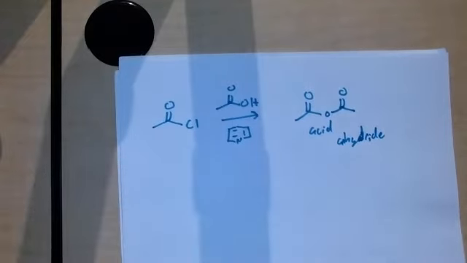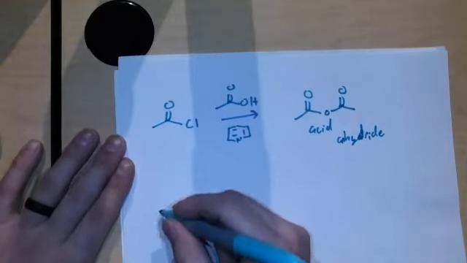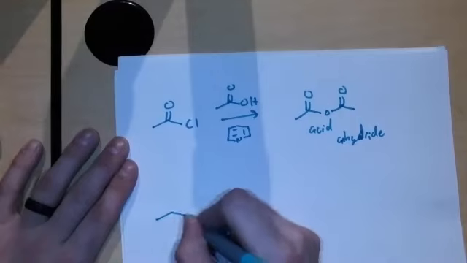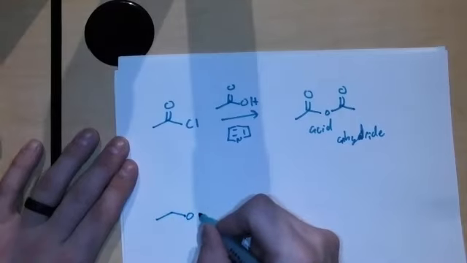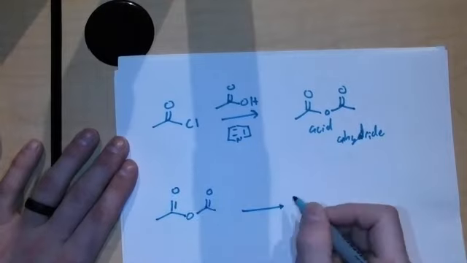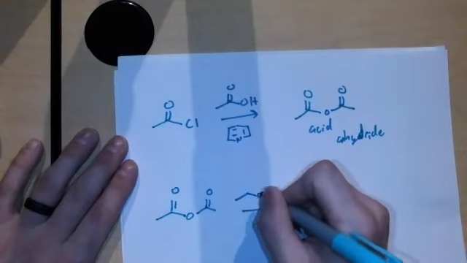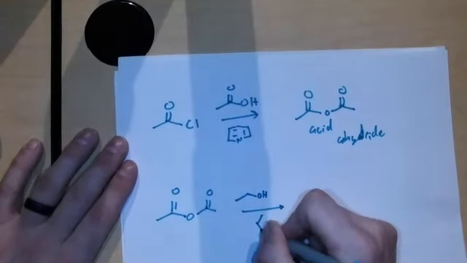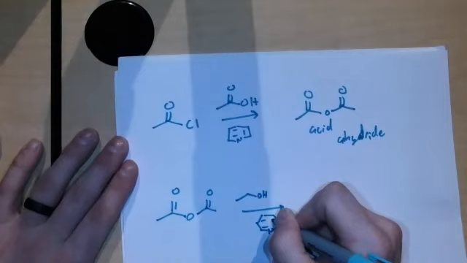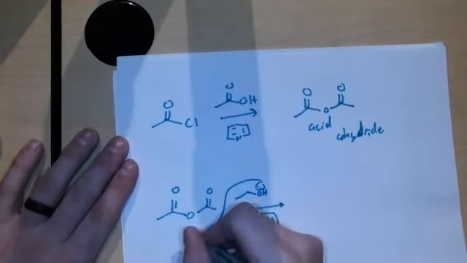And this is really just the same thing as an acid chloride in a lot of ways. If you throw in, I don't know, let's take ethanol and pyridine, it's going to do the exact same reaction as it was doing with the acid chloride. You just have a bigger leaving group.